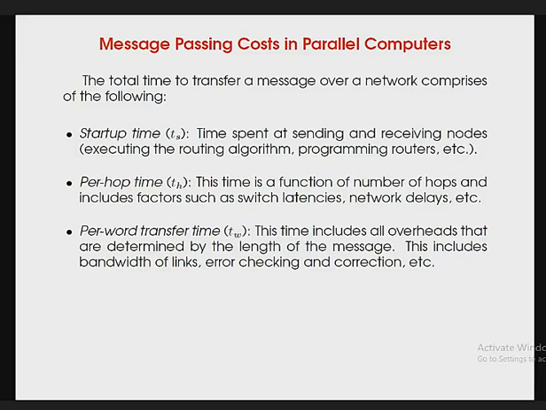So after a message leaves a source node or a local node, it will take a finite amount of time to reach the next node. जो भी पाथ आप लोगों ने डिसाइड किया हुआ है for sending your message from source to destination, in that some time is taken to transfer the message from one node to another node. Okay, so that time is nothing but your per hop time.